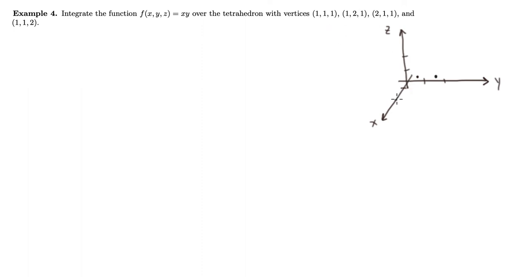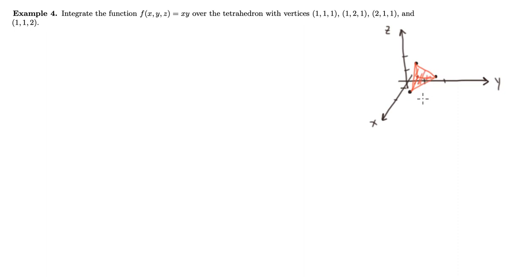And then (2, 1, 1) right here. And then (1, 1, 2) right here. Okay, so this is this tetrahedron. So it's sort of like a pyramid.